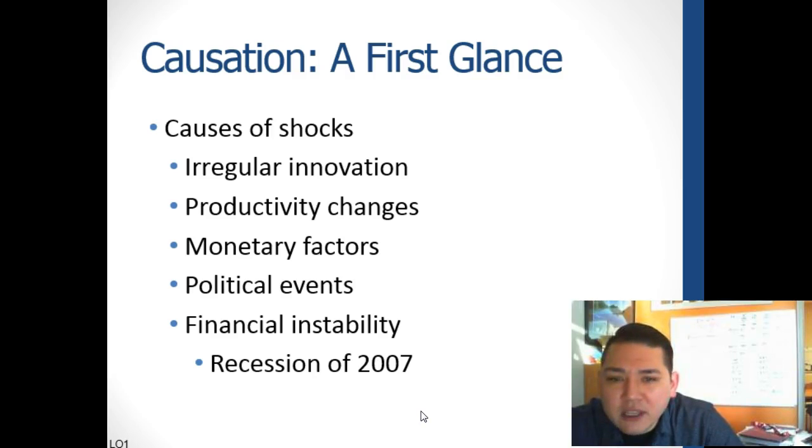Additionally, changes in productivity may be a related cause. Unexpected changes in resource availability or unexpected changes in the rate of technological advances can affect productivity. Then, as the monetary authorities print more money, an inflationary boom can occur. Printing less money than what people were expecting can also trigger a decline in output.